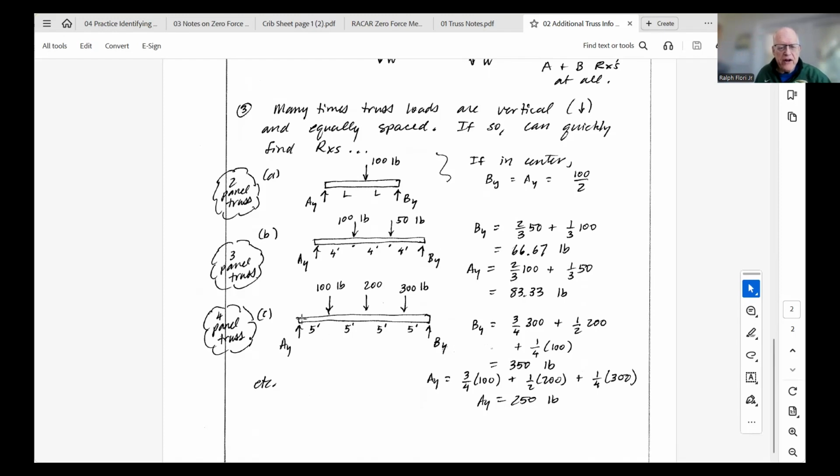If you have a 4-panel truss at 5-foot spacings, and you have a 100-pound load here, a 200-pound load here, and a 300-pound load here, then BY is going to carry 3/4 of the 300, half of the 200, and 1/4 of the 100. Again, makes your job easier. So these are just some tricks with trusses that help you with support reactions and help you identifying tension or compression like in the top chord or bottom chord.